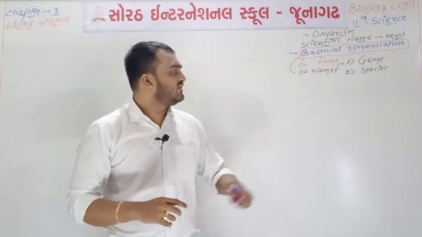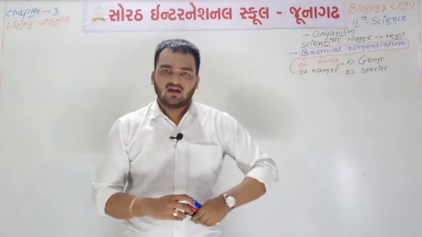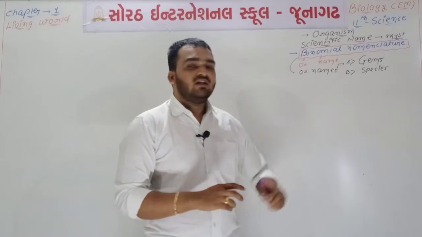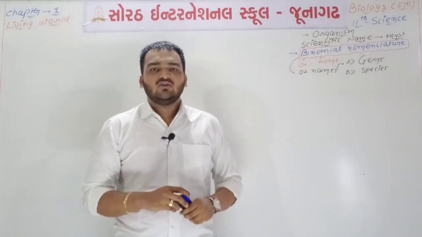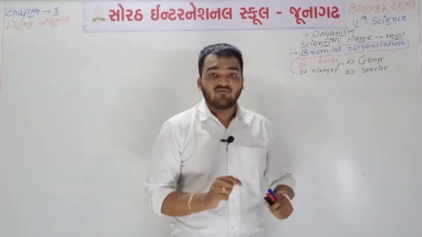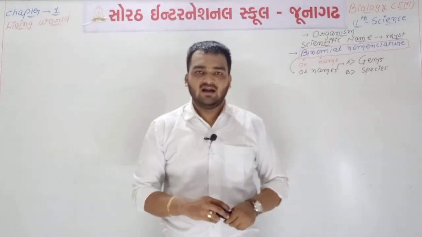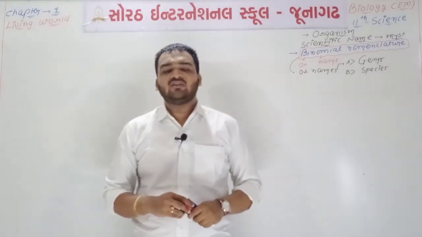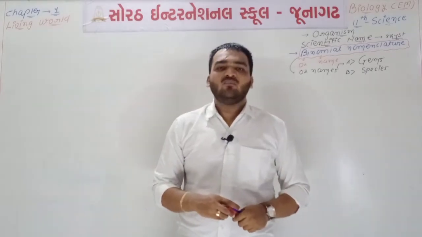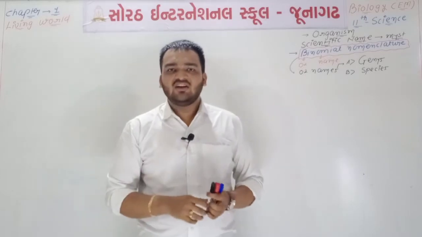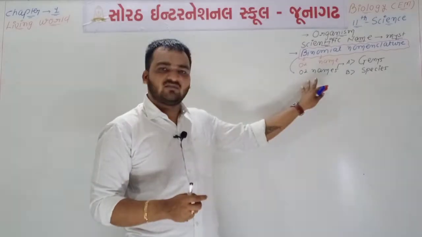The first letter of the name of the genus is capital, and all remaining letters of the genus as well as the species will be in small letters. Sometimes the name of a subspecies is added after the name of the species, and after finishing the scientific name, the name of the scientist is written in short form. So you will remember this thing.